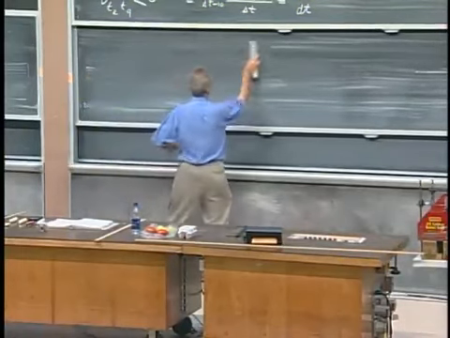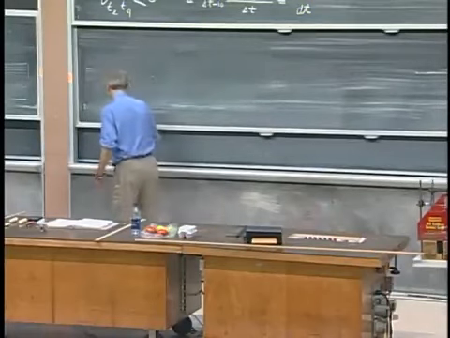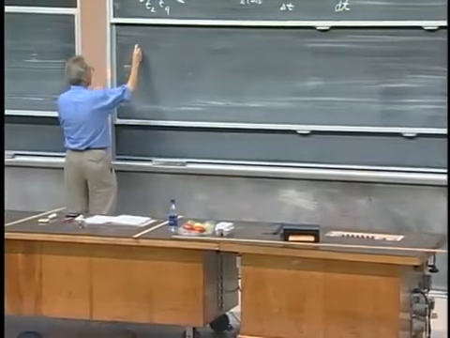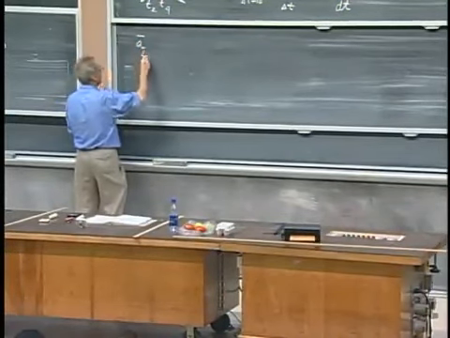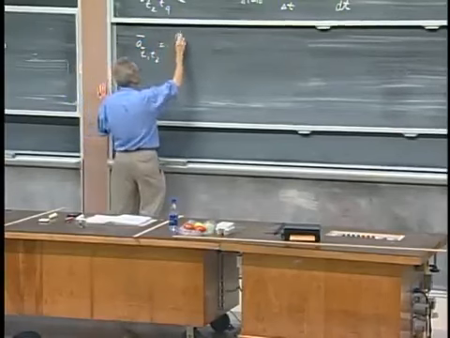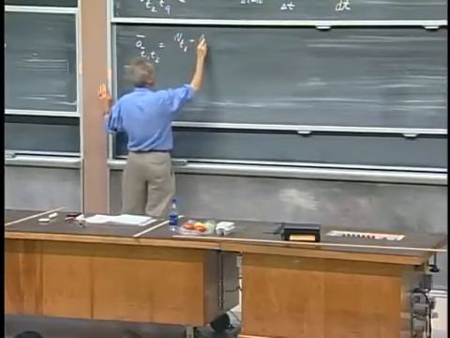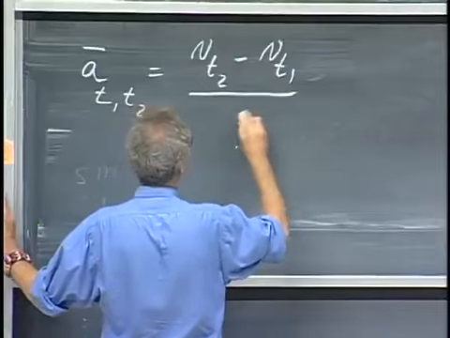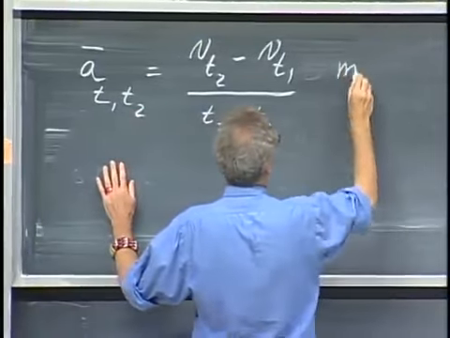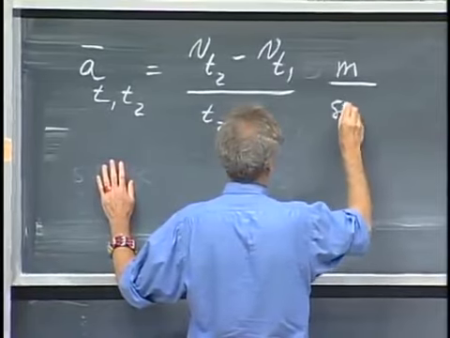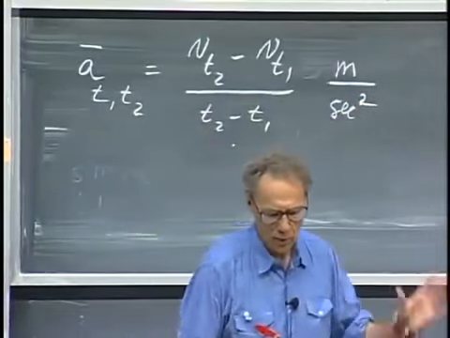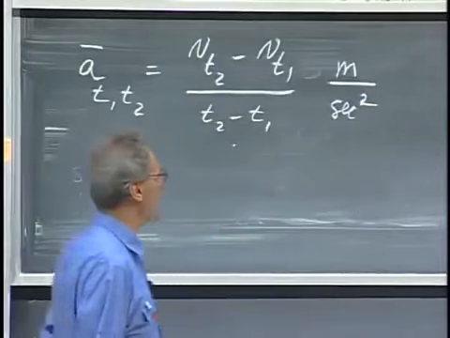And with a little bit of imagination, you can probably guess what that looks like. The average acceleration between time t1 and time t2 would then be the velocity at time t2 minus the velocity at time t1 divided by t2 minus t1, and the dimension is length per time squared, so it's meters per second squared. This is then for a one-dimensional situation.